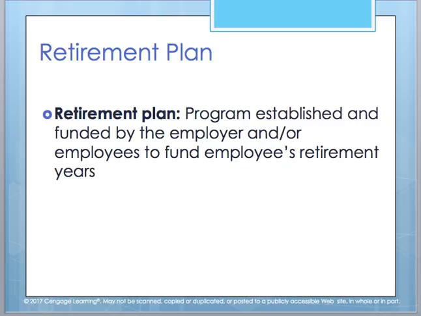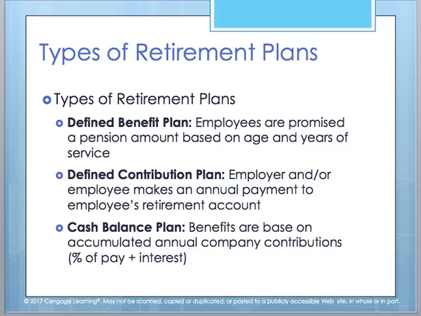Your retirement plan, right? It's established and funded by the employer and/or employees to fund you in your retirement years. So it can be either solely your employer who funds it, it can be you and your employer, or it can just be you that funds it. We have a defined benefit plan where you're promised a pension amount based on your age and years of service.